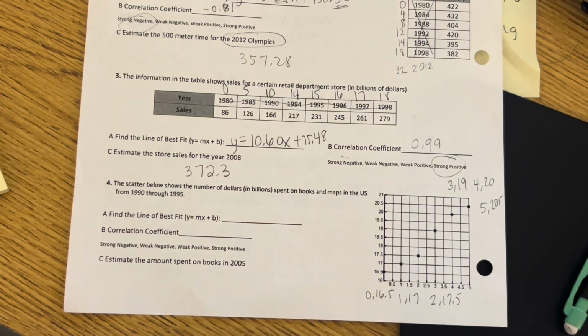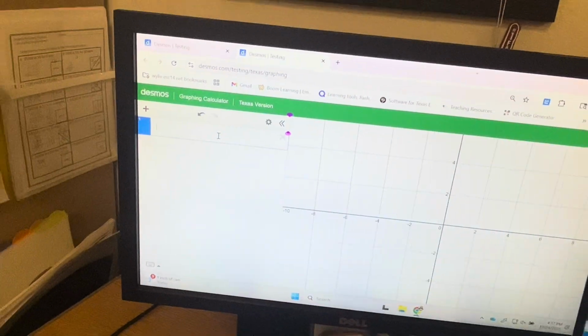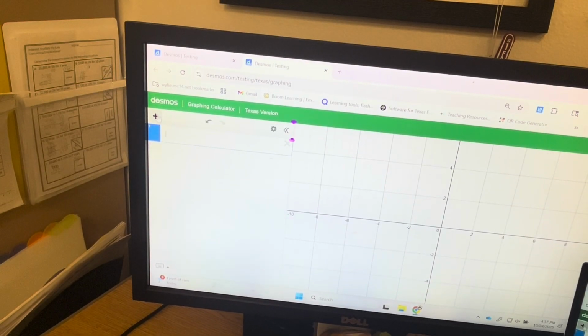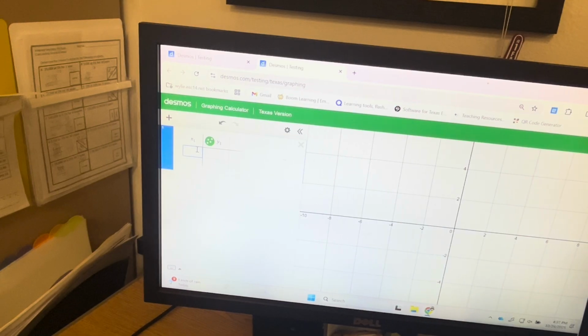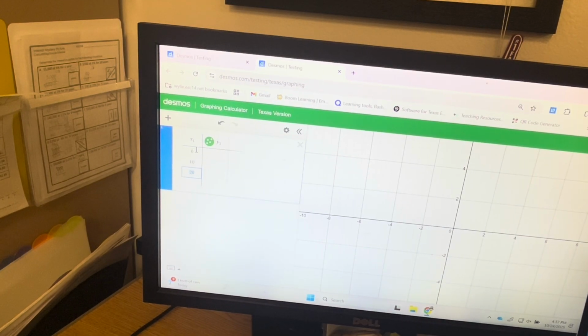Okay, so we're going to type that into Desmos again. Again, to do Desmos, you just hit the plus sign and hit table. And then I just type in my values. So I'm going to do all of my X's. I've got 0, 1, 2, 3, 4. Oh, 4 was an option, sorry.